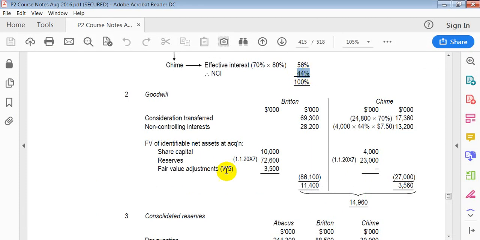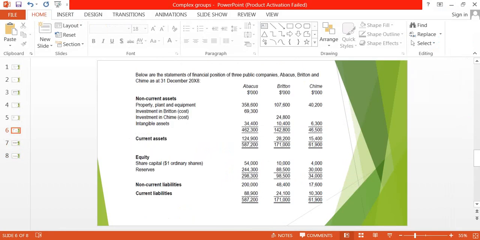So 44% times the number of shares in C. We've got here 4,000 as the value of the shares. So 4,000 divided by $1 ordinary shares will give us 4,000 shares.